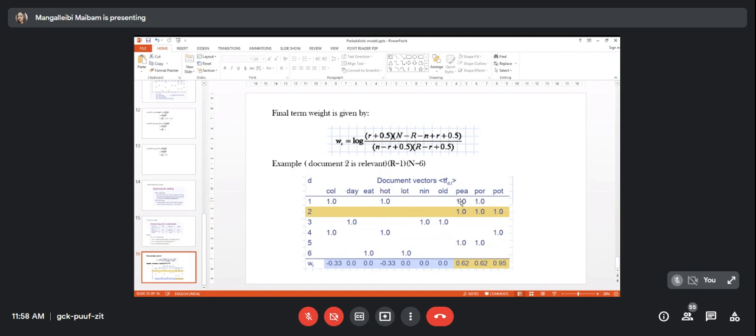It is there in D1, in D2, in D3. So small n will be 3 here. Then again small r will be 1 since P is there only in our one relevant document. So 1 plus 0.5 divided by 3 minus 1 plus 0.5, and 1 minus 1 plus 0.5.